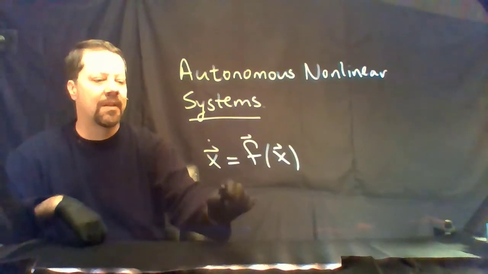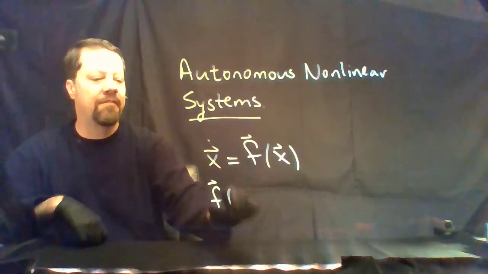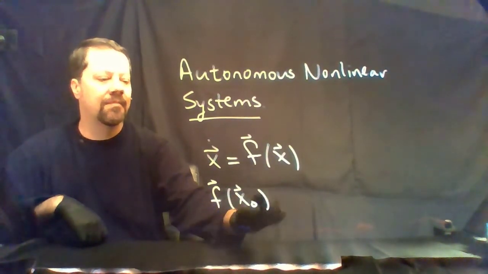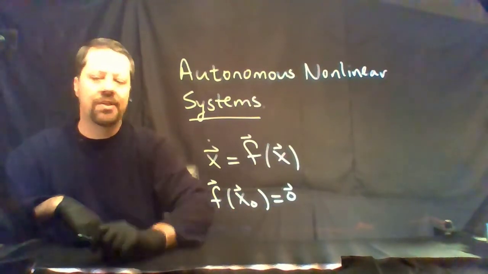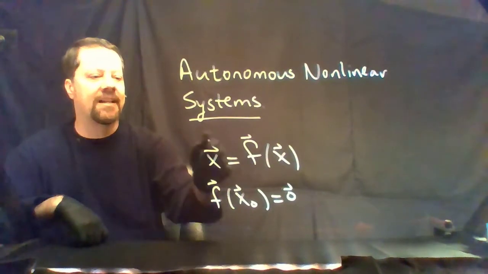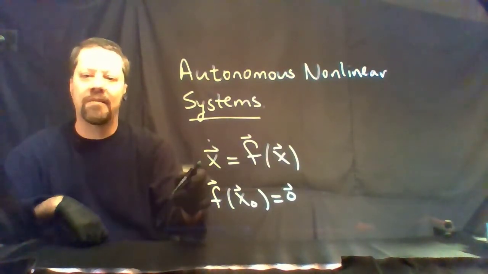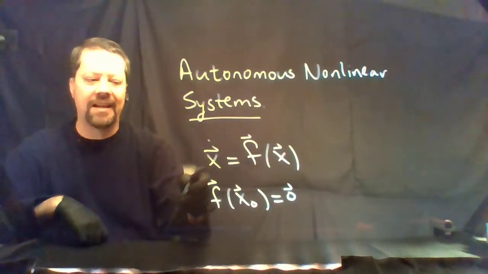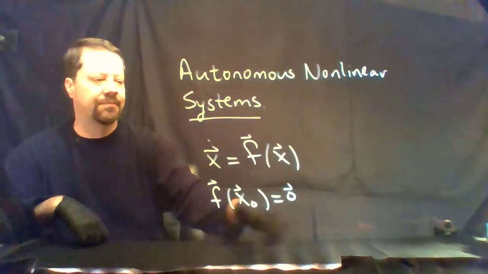In this case, there are values of x naught which equal 0 when substituted into the right-hand side. These are places where the derivative is 0, and hence these are equilibria.